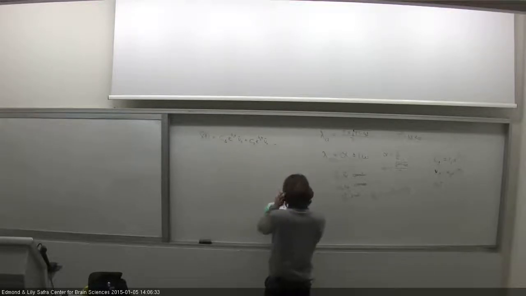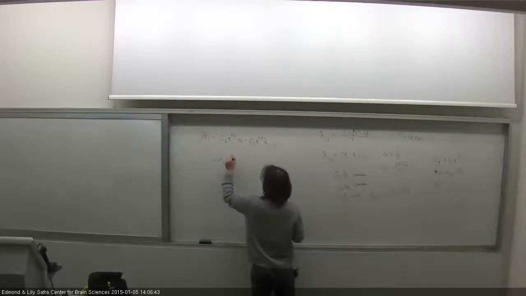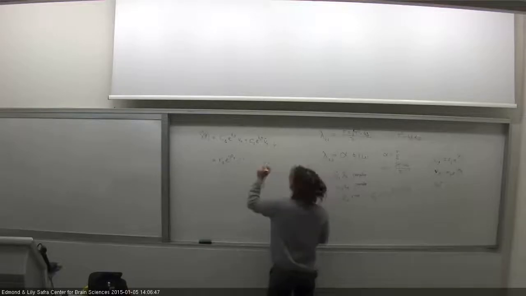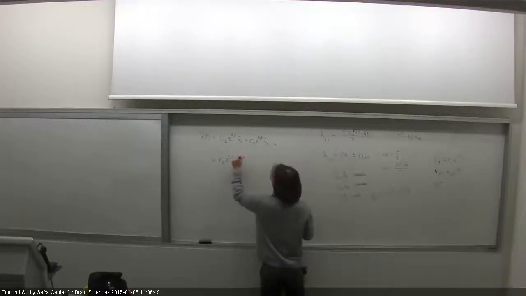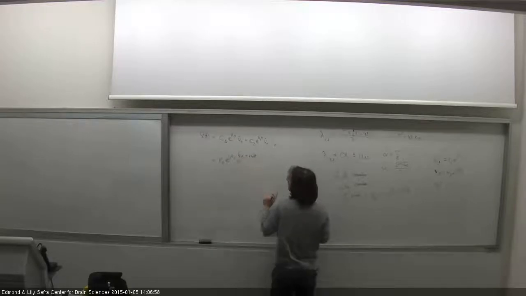And then I have R1 e to the power of i rho 1, e to the power of alpha plus i omega t, like this.